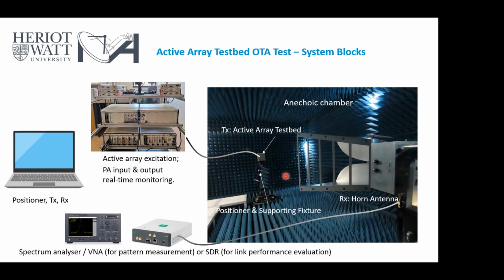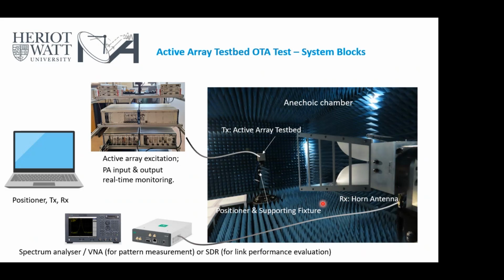Then with this test bed, we're moving to what tasks we can do using this test bed. Here is just a system block. You can see that happening in the chamber will be only the active test bed we have. And at the receiver side, we put the horn antenna, so that can enable the OTA testing.